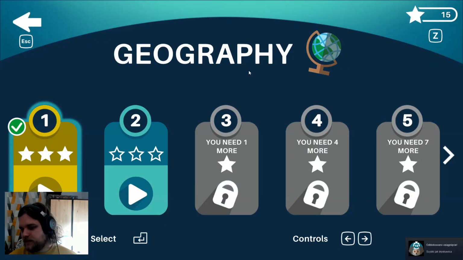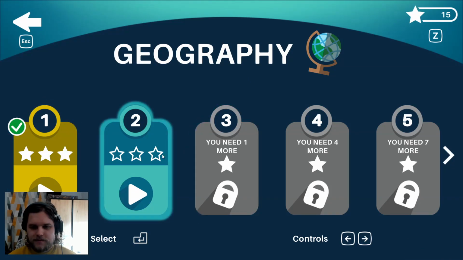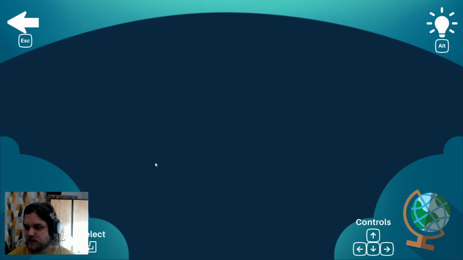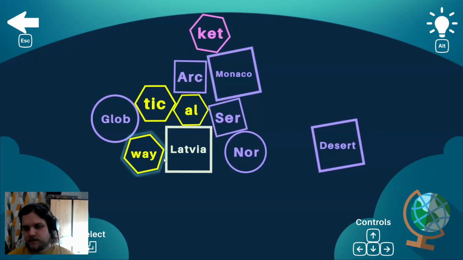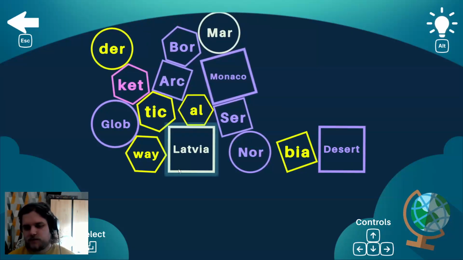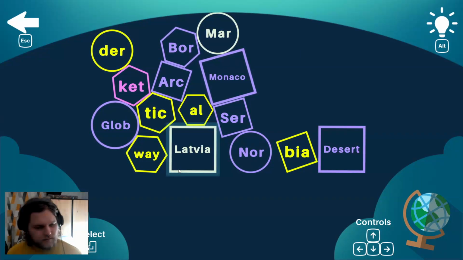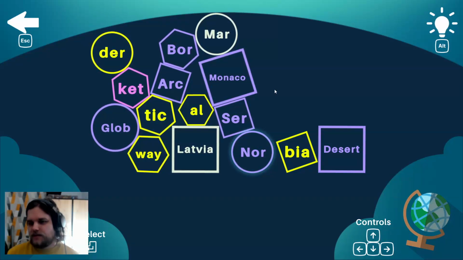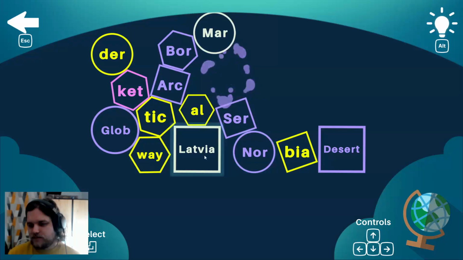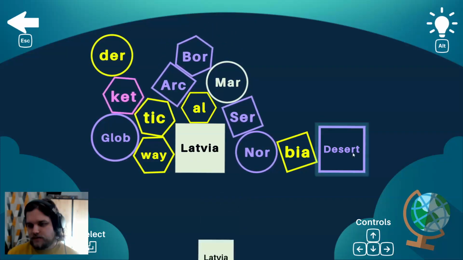I've collected some achievement for completing the level quite fast. Complicated this time. Now in the second level there should be more words based on some scattered longer syllables. So let's see. I can see Monaco, Latvia, desert.